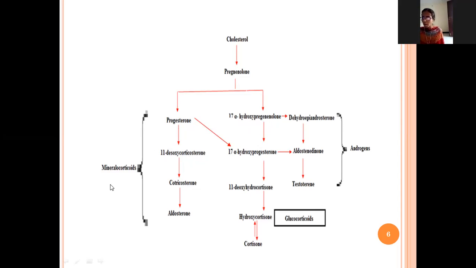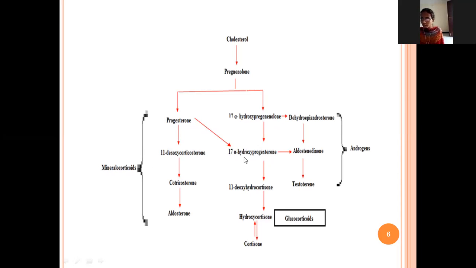So this comes under the mineralocorticoids. That is, the conversion of progesterone to aldosterone comes under the mineralocorticoids. Next, here 17 alpha hydroxypregnenolone is converted into 17 alpha hydroxyprogesterone, and also from the progesterone it is converted into 17 alpha hydroxyprogesterone.